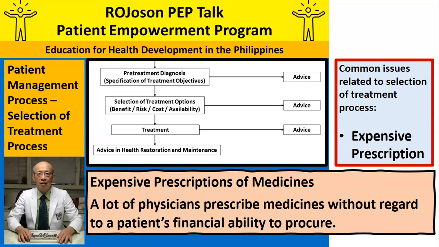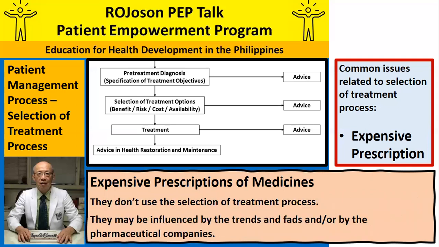Second issue is on expensive prescriptions of medicine. A lot of physicians prescribe medicines without regard to the patient's financial ability to procure. They don't use the selection of treatment process. They may be influenced by trends and fads and/or by the pharmaceutical companies.